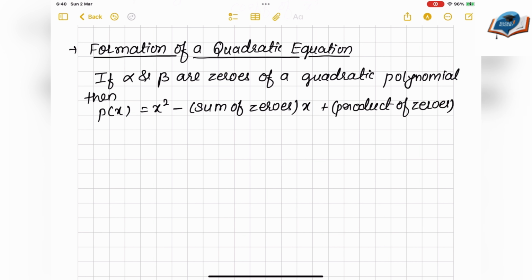So here if I want to show it, x square minus alpha plus beta x plus alpha beta.